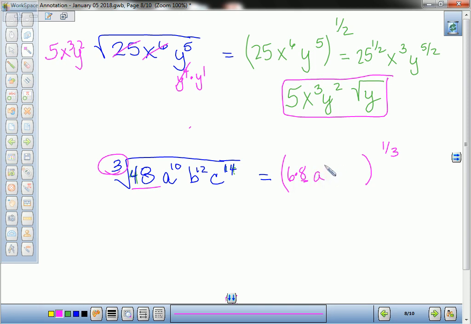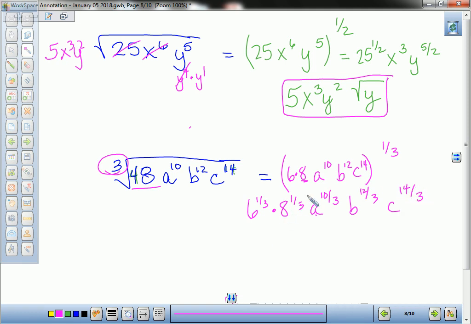All right, so this becomes a to the 10th, b to the 12th, c to the 14th. Nothing happened yet. Okay, so when we break it up, we get 6 to the 1/3, 8 to the 1/3, a to the 10/3, b to the 12/3, c to the 14/3.